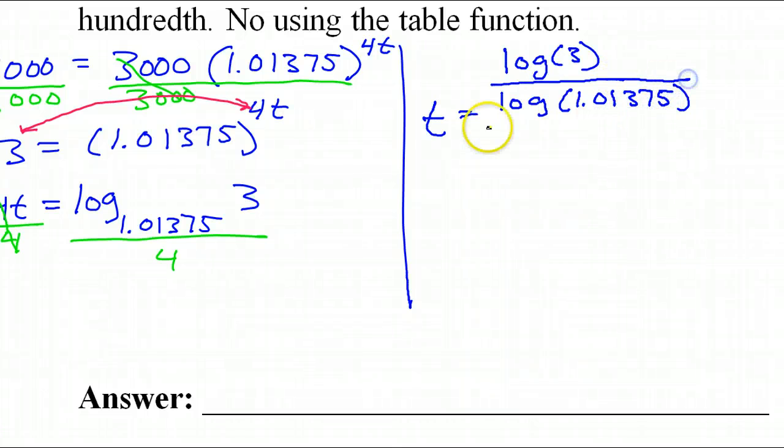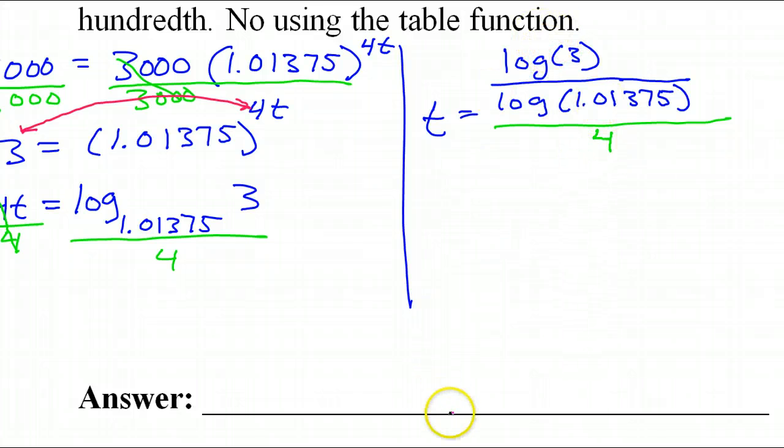That's the numerator. Now the denominator, and I'll keep it the same color just so you can track what I'm doing more easily. I've still got divided by 4, right? That didn't change.